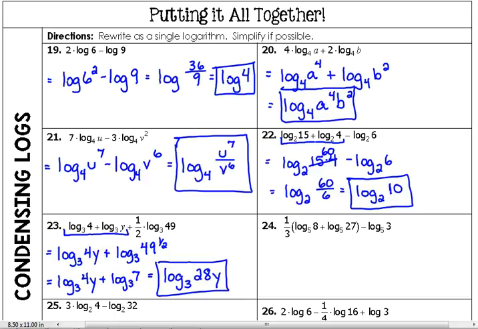Okay, let me show you a couple more. 24 looks a little different. We got parentheses. What do parentheses tell us to do? Distribute. So both of those logs right there, we need to distribute the 1/3 to.